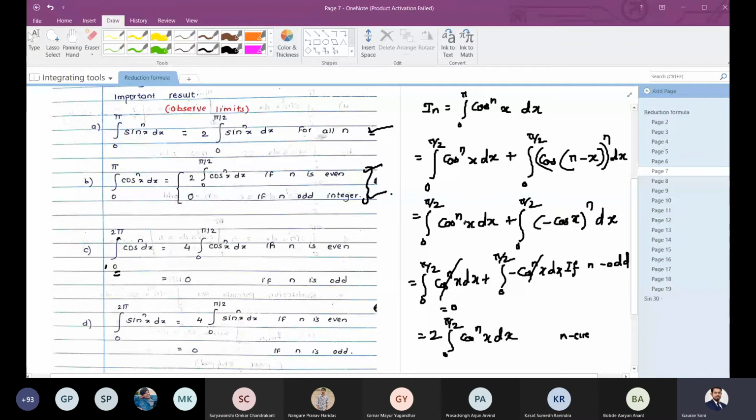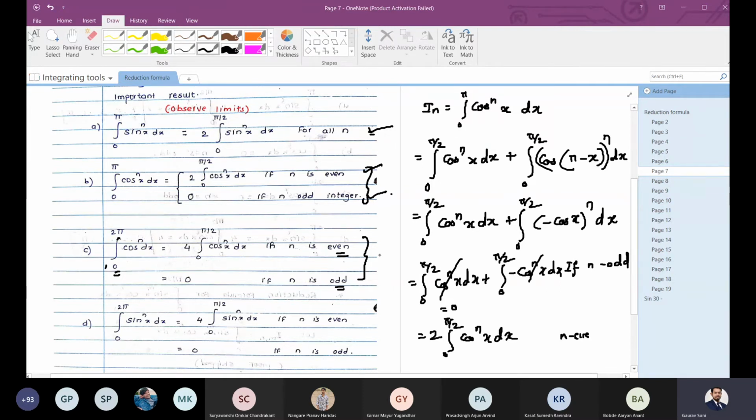First it became 2 times 0 to pi, and then from 0 to pi I reduce it to 0 to pi by 2. I hope this is clear. If you have any difficulty in this, please ask. So 0 to 2 pi I will write as 4 times 0 to pi by 2 if n is even, and it will become 0 if n is odd.